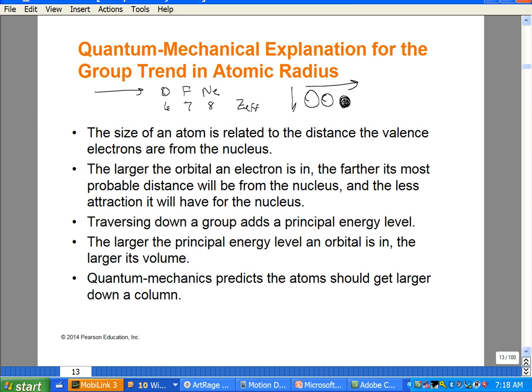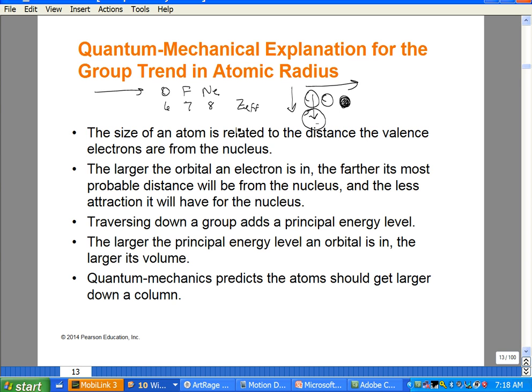On the other hand, as you go down, we go to a completely different, higher energy level, which means that we have another higher energy shell that is occupied. So occupying a higher energy level means we have more electrons there. That means the electron cloud is bigger.